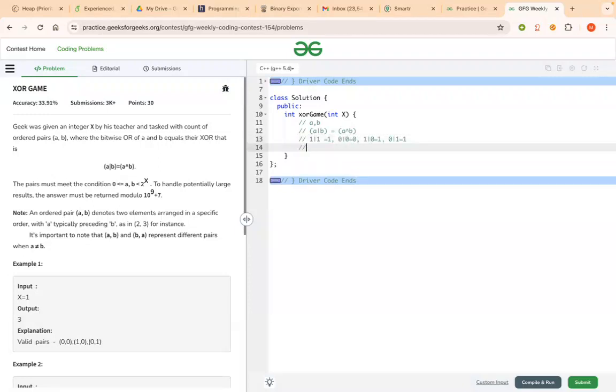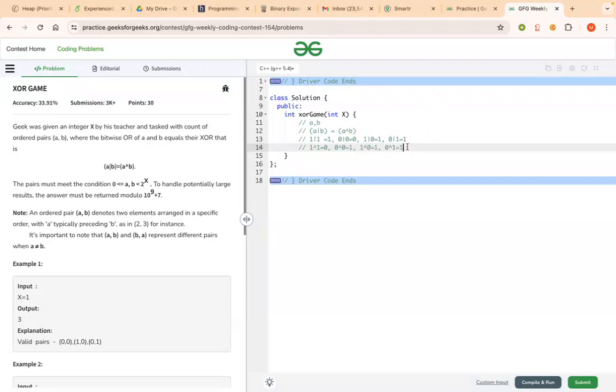And for the XOR operator, what do we have? 1 XOR 1 is 0, and the rest of the three are the same: 0 XOR 0 is 0, 1 XOR 0 is 1, and 0 XOR 1 is also 1.